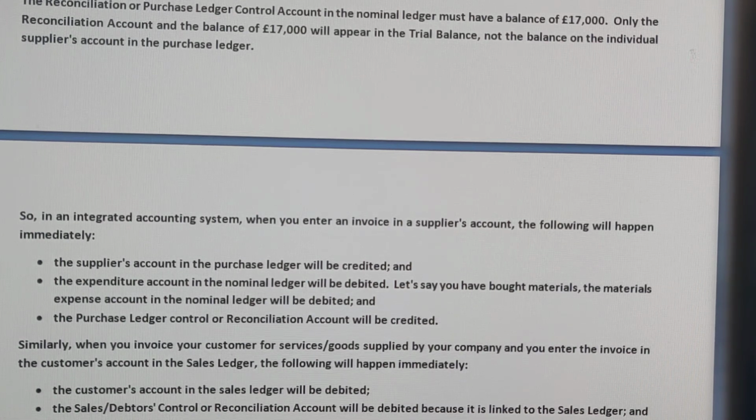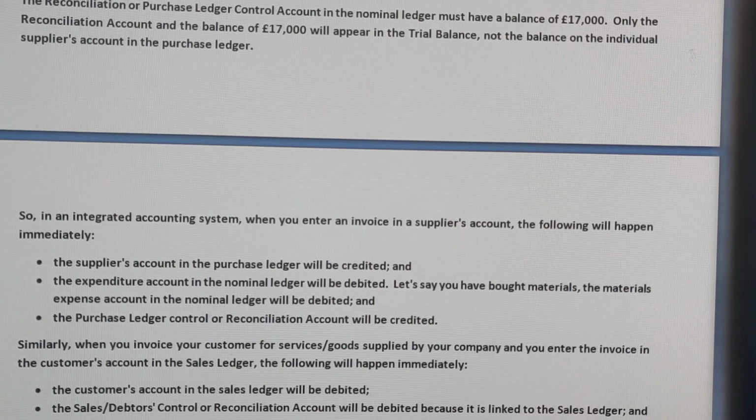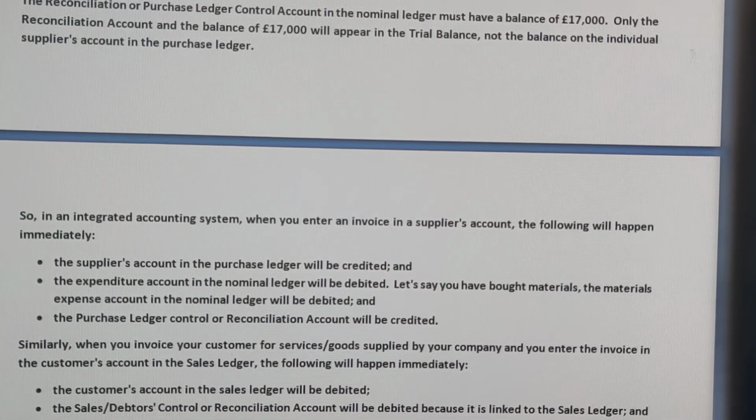If what you have bought is actually materials, the materials account in the nominal ledger will be debited. The purchase ledger control account will be credited because that money is owed to the supplier.